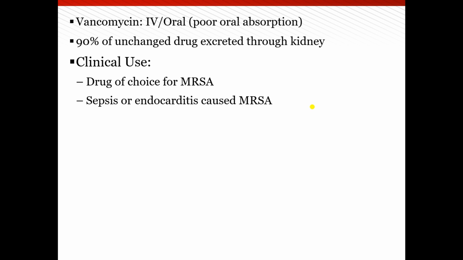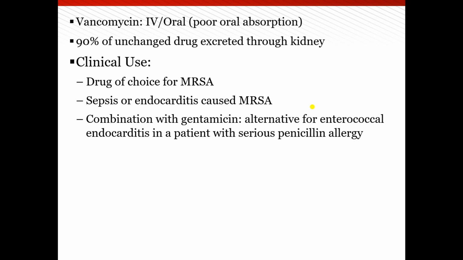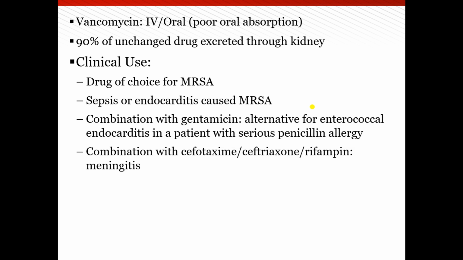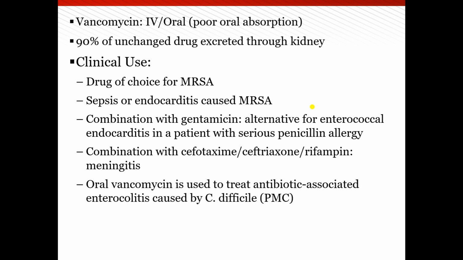It can be useful for treatment of sepsis or endocarditis caused by MRSA. In combination with gentamicin, it can be used as an alternative for enterococcal endocarditis in a patient with serious penicillin allergy. In combination with cefotaxime, ceftriaxone or rifampicin, it can be used for life-threatening meningitis treatment also.